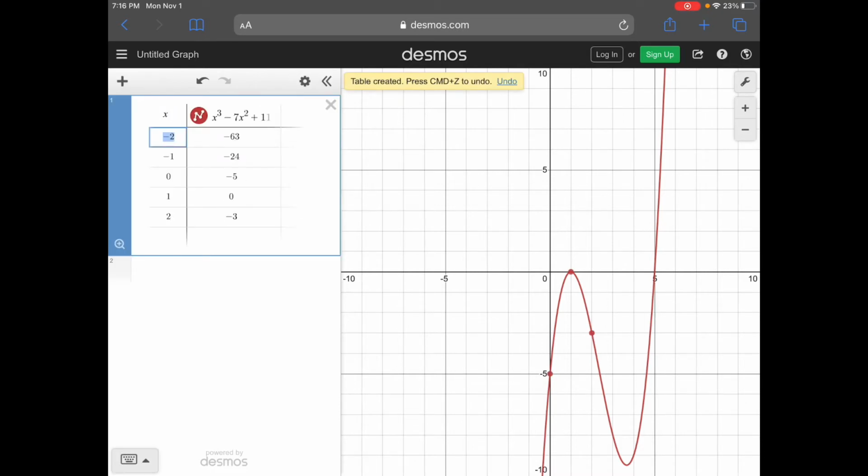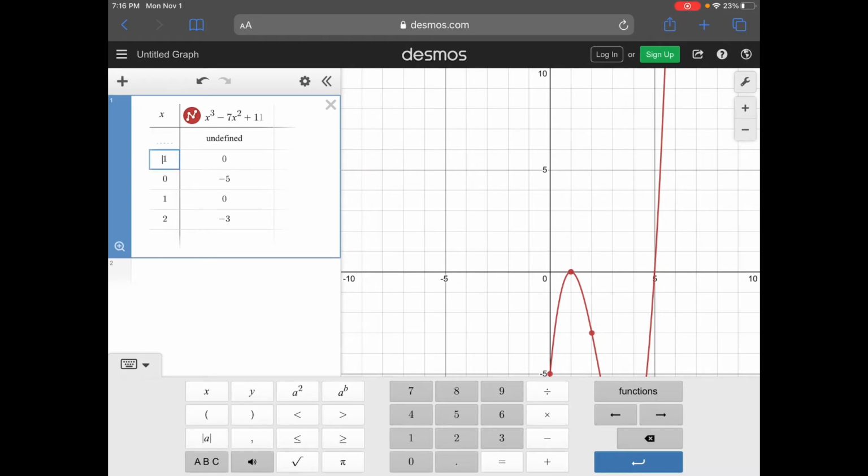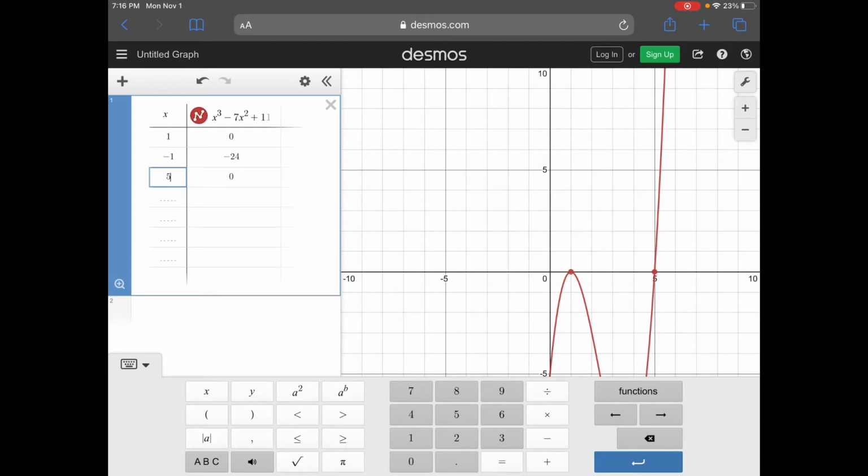And what I would do is delete everything that is in that table right now. It's coming up as undefined because there's nothing there. What you're going to put in the table are your possible rational zeros. So my possible rational zeros were 1, -1, 5, and -5.